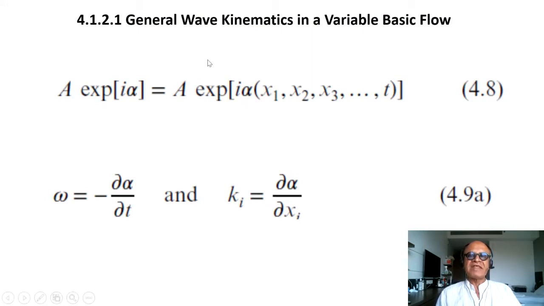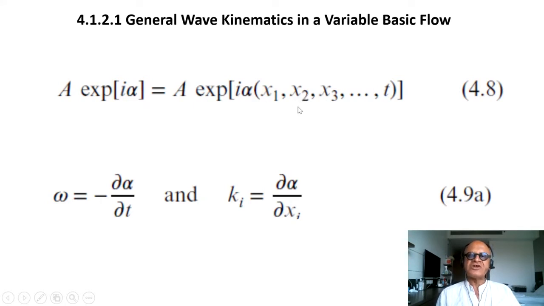For the general wave kinematics in a variable basic flow, you can write the wave in terms of an exponential iα. Every time you have this exponential iα, you know that there are waveforms coming out of that. So that α is a function of spatial dimensions and time.